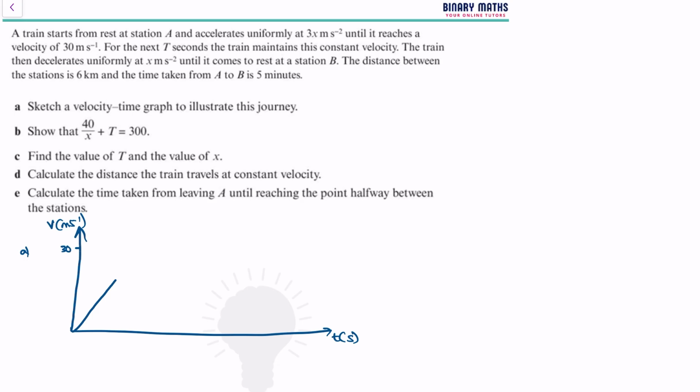At some point, we don't know what this point is, where the time is equal to t1. And because acceleration is equal to 3x, then 30 over t1 must be equal to 3x.